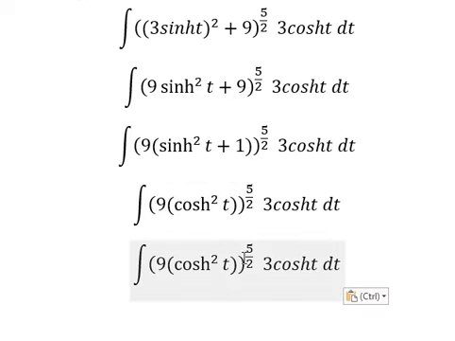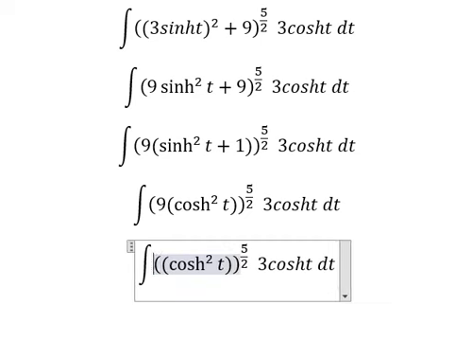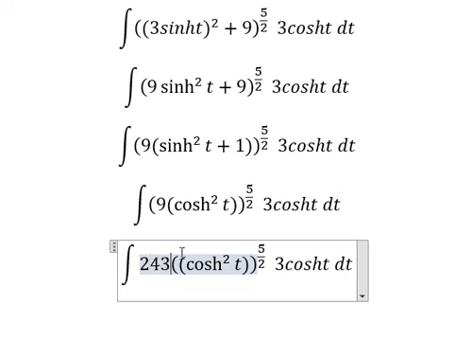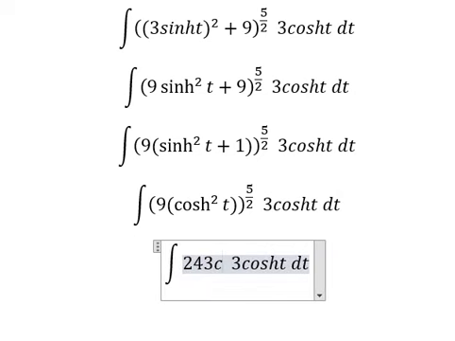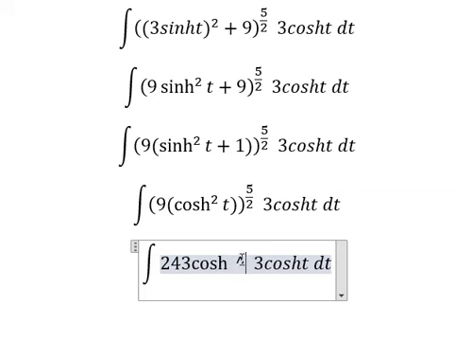9 to the power of 5 over 2, that is 243. This one we have cosh t to the power of 5.